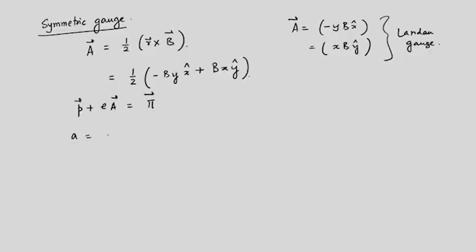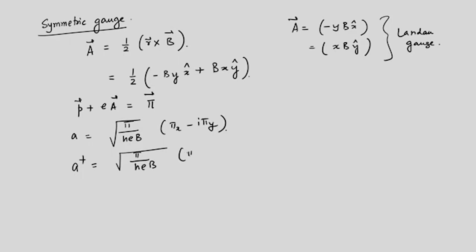These will be written in terms of the x component of pi and the y component of pi. So, a is equal to the square root of 1 over ħeB times pi x minus i pi y, and a dagger is equal to the same prefactor times pi x plus i pi y.